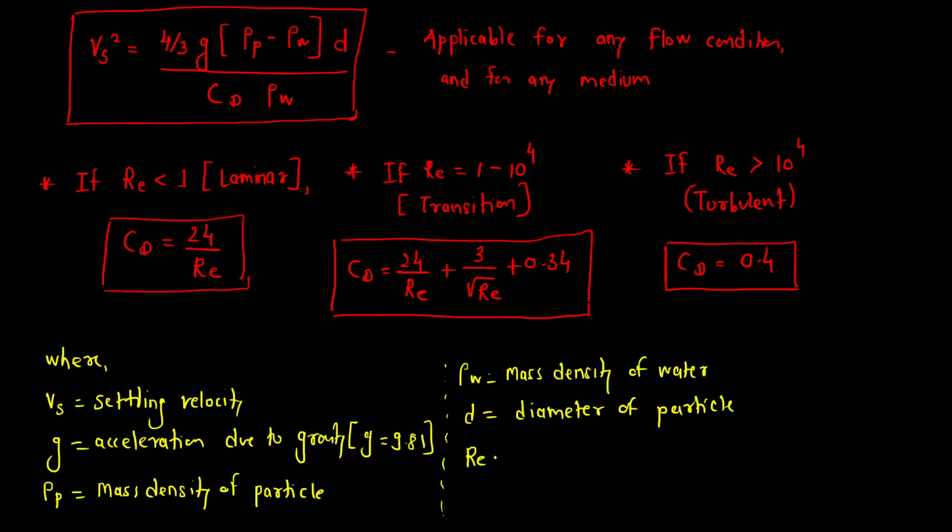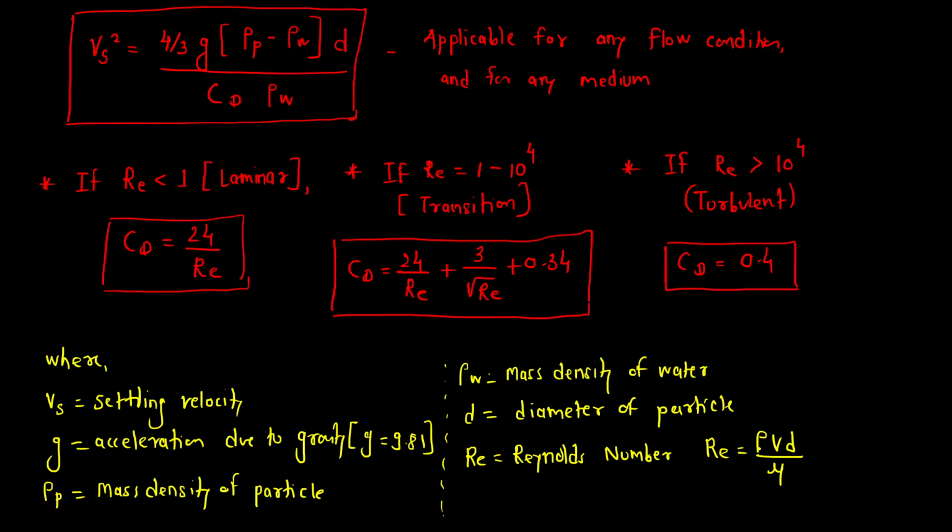This Re stands for Reynolds number. And the formula for Re is rho Vd by mu. Okay, rho Vd by mu. So substituting all these formulas, we'll get the value of settling velocity.